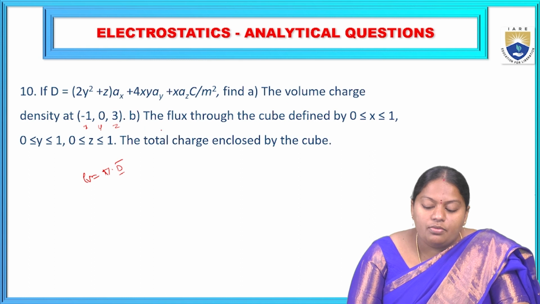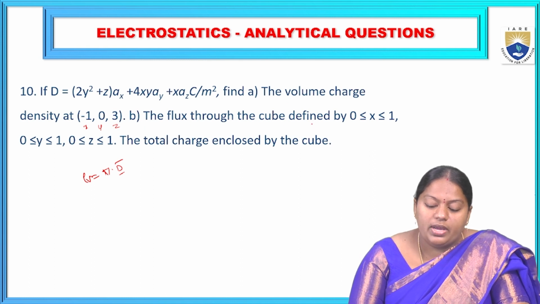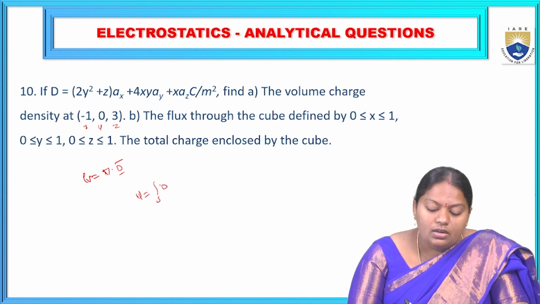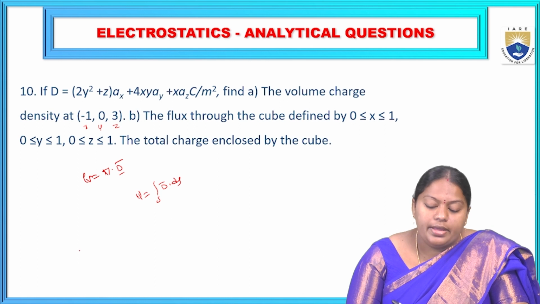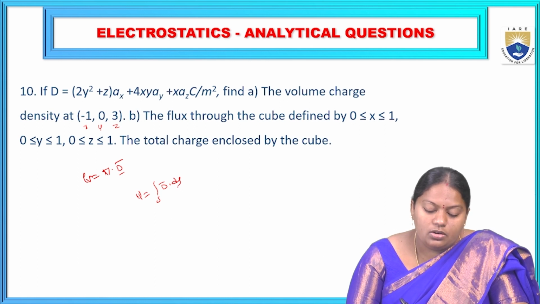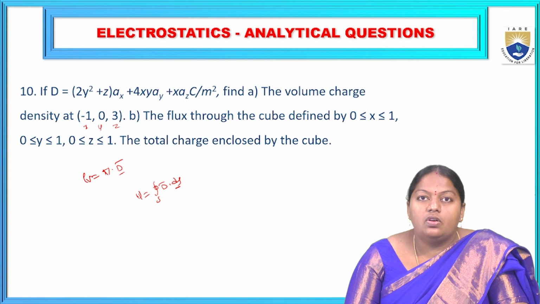Then after that, the flux through the cube defined by, that is psi, we need to find. Psi is equal to closed surface integral of D dot ds. To find the value, we write the equation for ds.